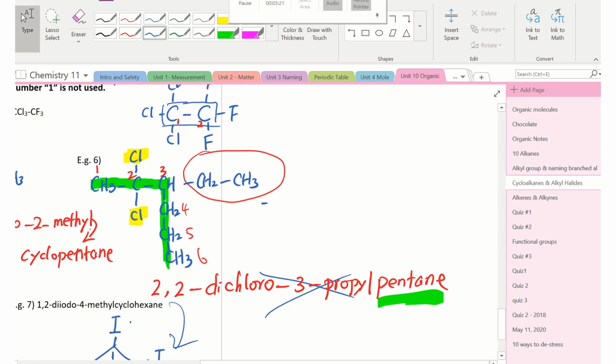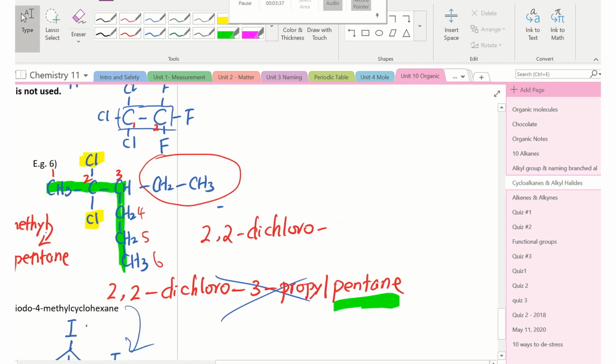C is before E, so still chloro goes first. So we still have 2,2-dichloro, and then now we have an ethyl group instead. So it's 3-ethyl, and the longest parent chain is hexane.